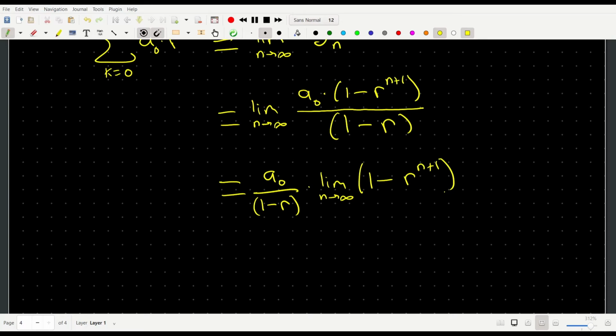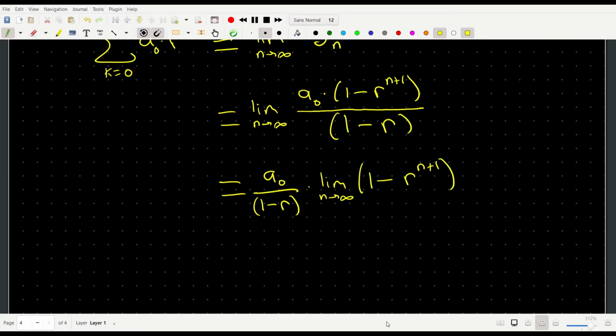We can very clearly see now that this is going to have 3 possible values for the limit, depending on whether r is between -1 and 1, and if r is not between -1 and 1.